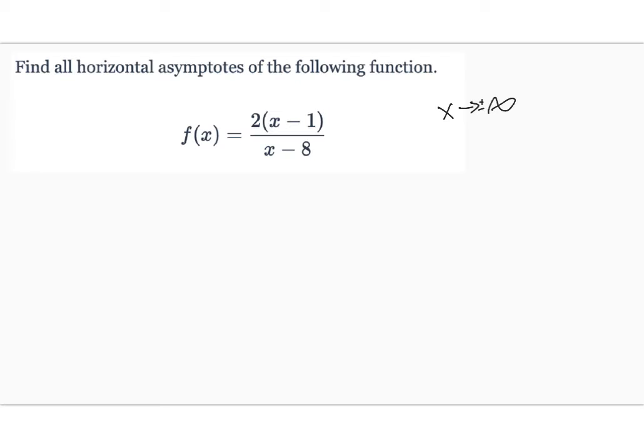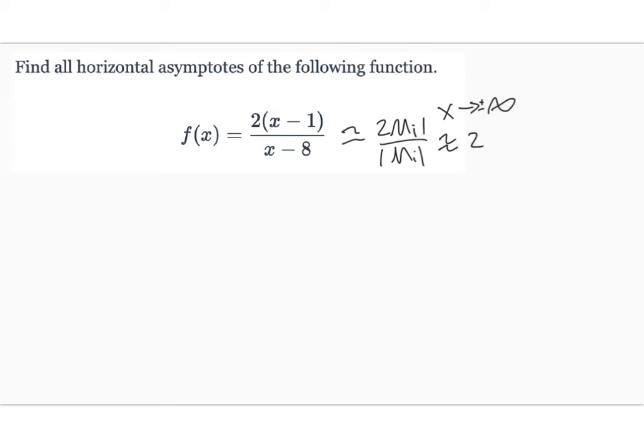Let's say we plug 1,000,000 into this. We basically have 2 times 1,000,000, because 1,000,000 minus 1 is basically 1,000,000, over 1,000,000. And if we have 2,000,000 over 1,000,000, we end up with 2-ish as our answer.